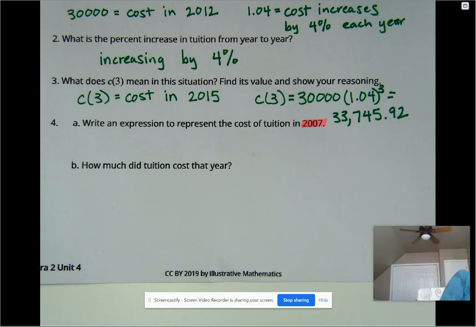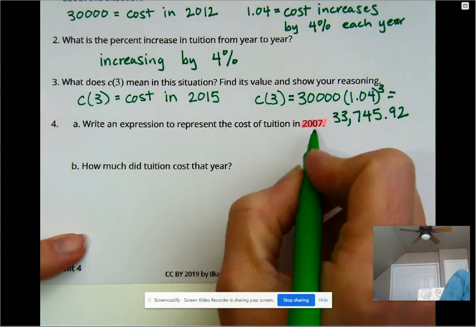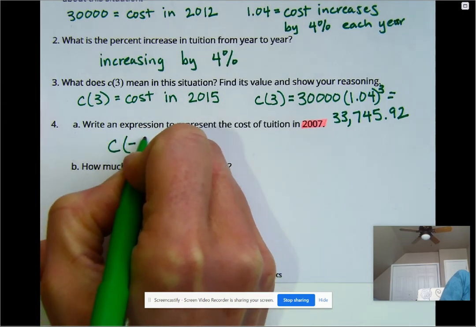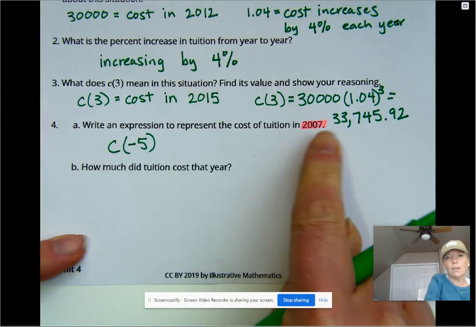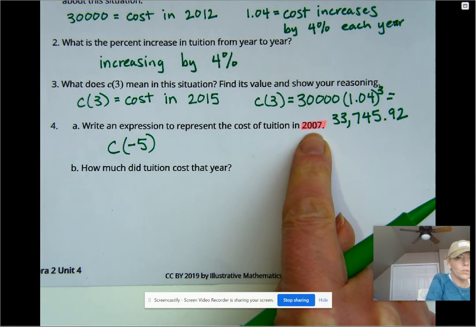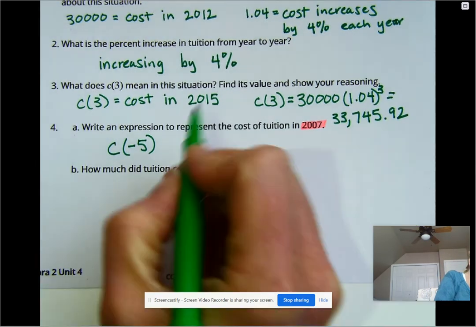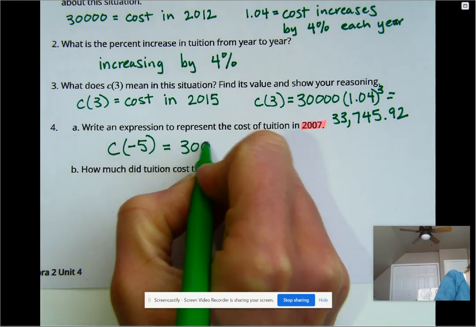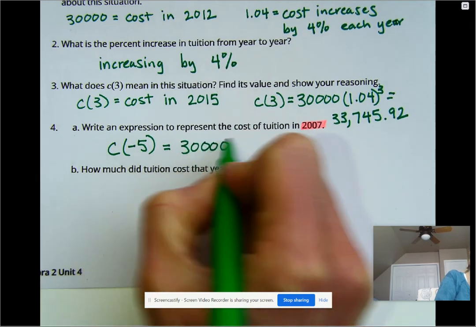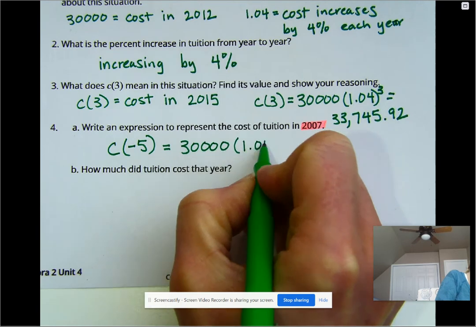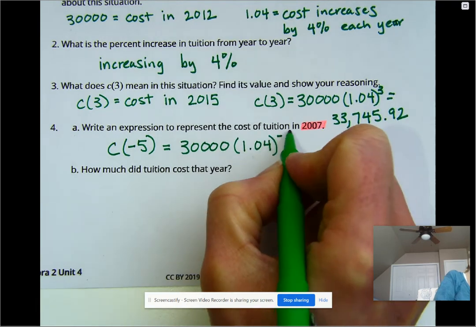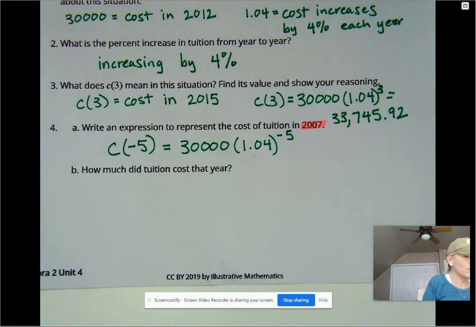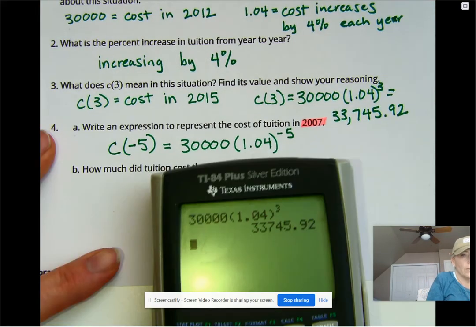All right. So it's actually going to be C of -5, because 2007 is 5 years before 2012. So 30,000 times 1.04 to the negative 5. Okay, and so we can figure that one out here.